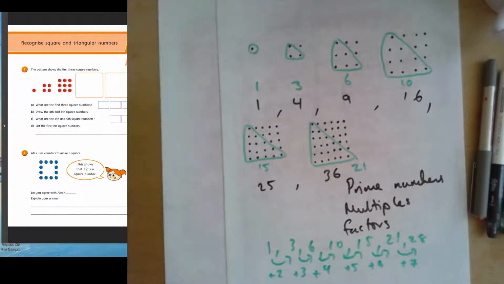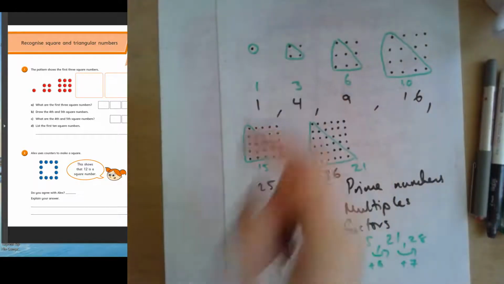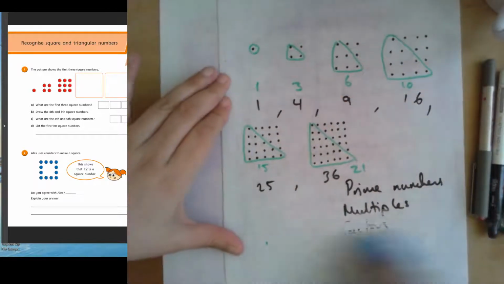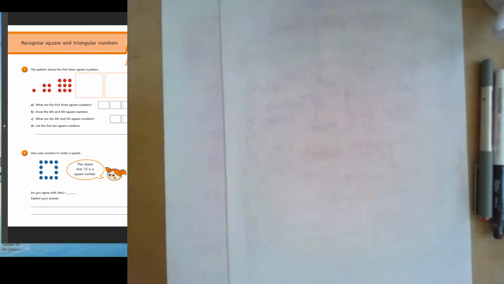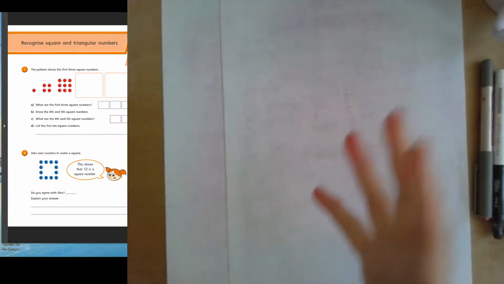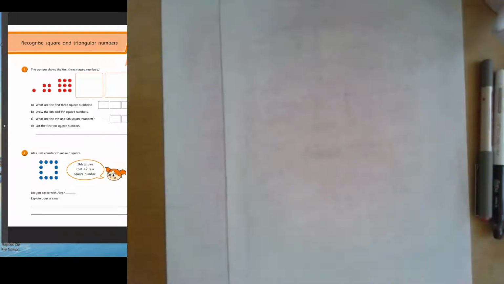Okay, and the last one I want you guys to check out, which isn't actually covered there, but I think it's a very useful one to cover, is cube numbers. You should all be aware of 2D now, because 2D is the shapes that we draw: your squares, rectangles, rhombus, parallelogram, trapezium, those are all your 2D shapes.